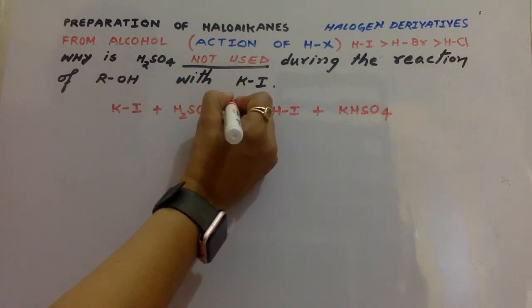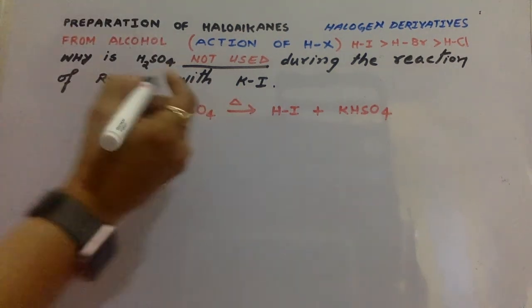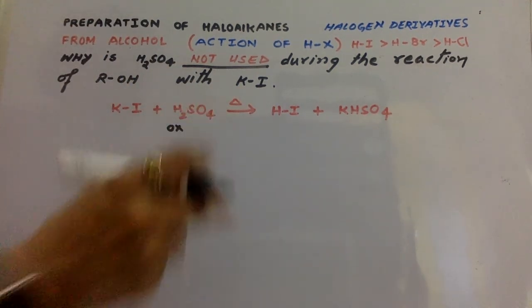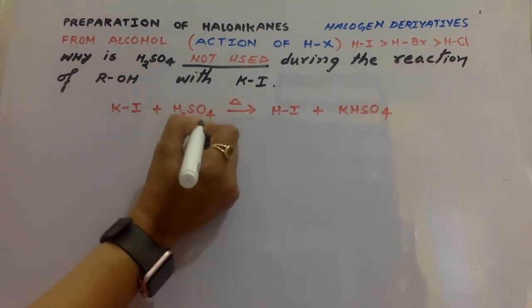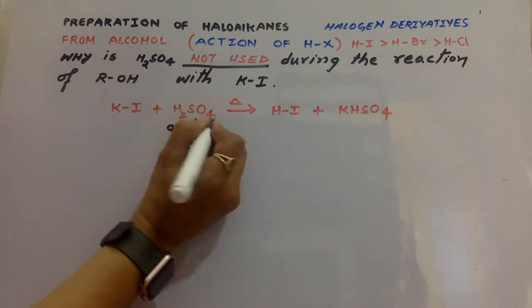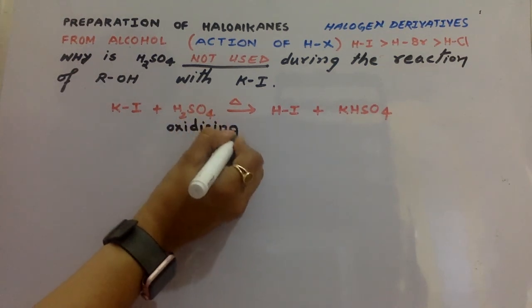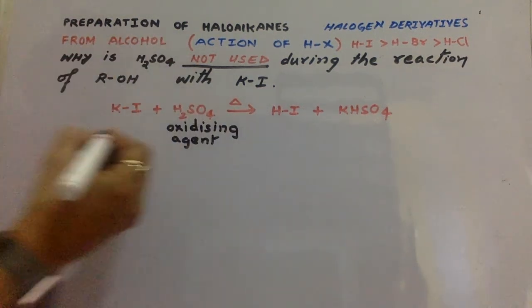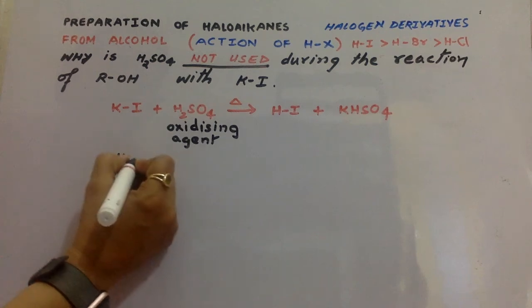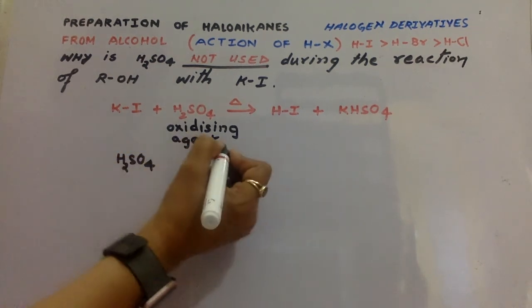But this sulfuric acid, being a very good oxidizing agent, produces nascent O also.